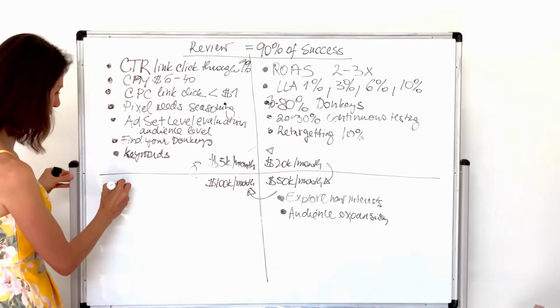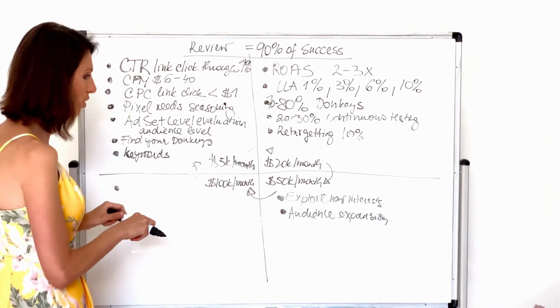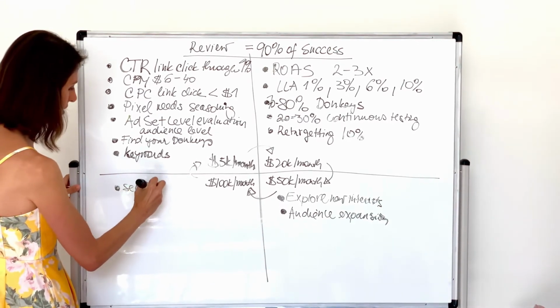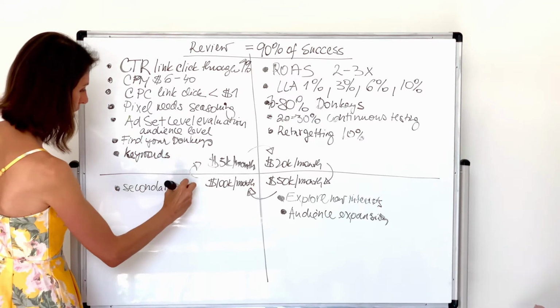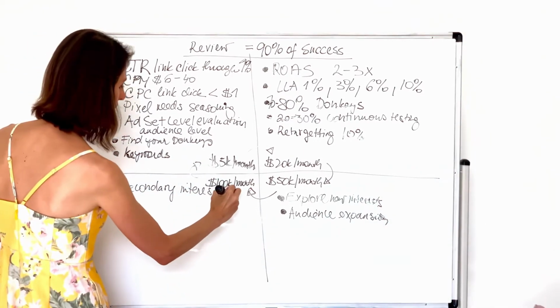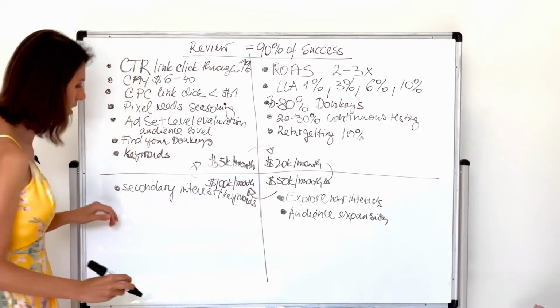Now, in quadrant 4, you're doing all of these 3 things, and on top of that, we are exploring what we call secondary interests or keywords. Now, what are secondary interests or keywords?